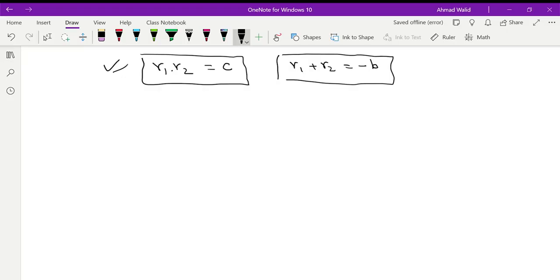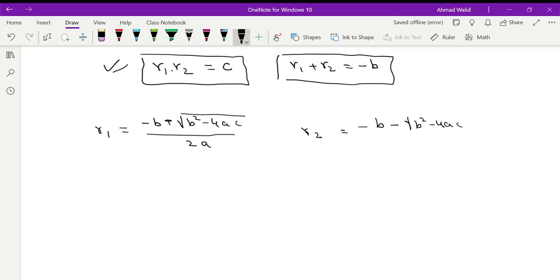Look, if I name R1 negative b plus square root of b squared minus 4ac over 2a, only with the plus sign, and I write R2 as negative b minus square root of b squared minus 4ac over 2a.